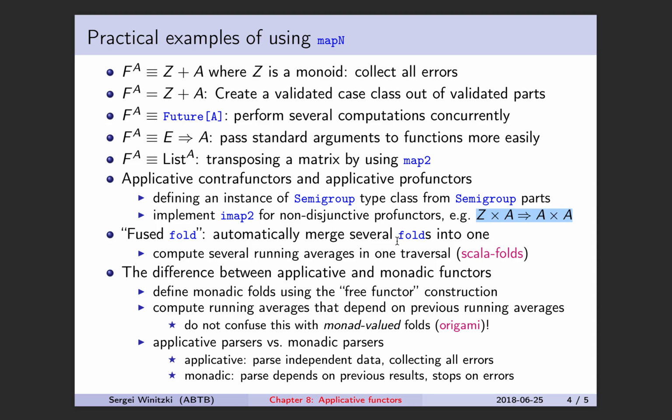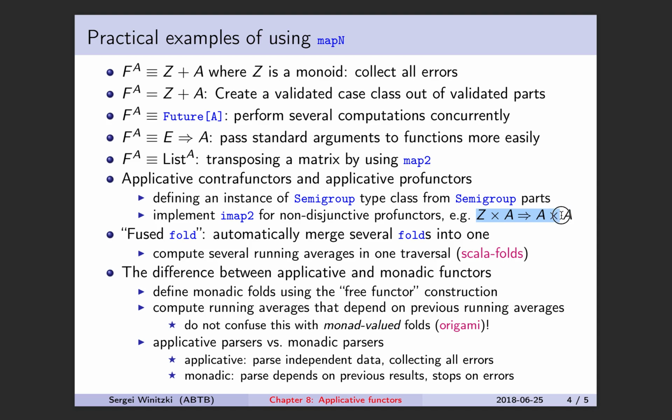So again, that meaning of the word invariant does not apply. So that's confusing to me. So I don't want to talk about invariant functors. I want to say profunctors. That's shorter anyway. So let's look at how we can implement an analog of the map2 function for this type constructor.